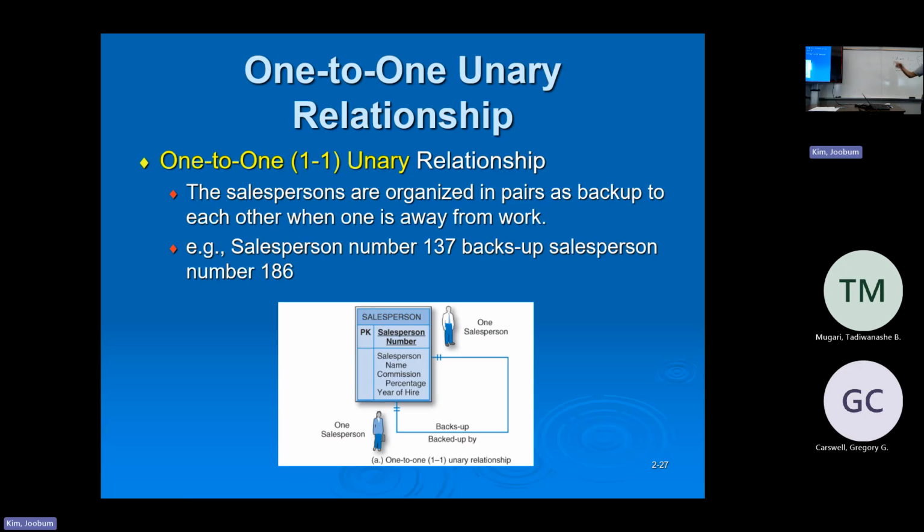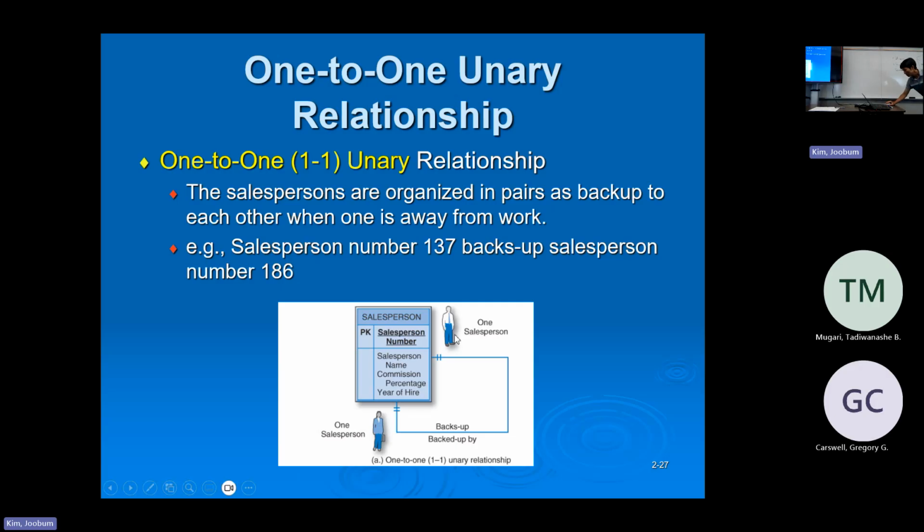So we have to include these relations in the ER diagram. Just one entity, but for example, Nicole and Christina, right? Nicole's backup is Christina, and Christina's backup is Nicole. So we have to include that relation.